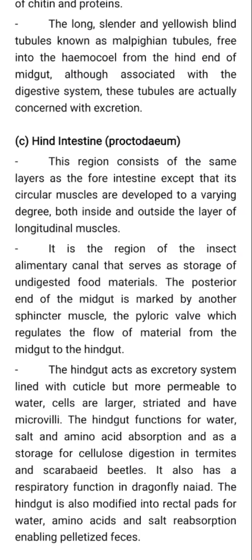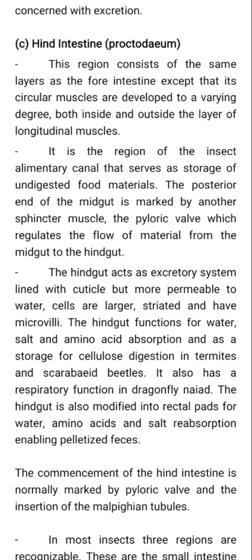It is the region of the insect alimentary canal that serves as storage of undigested food materials. The hindgut acts as an excretory system lined with cuticle but more permeable to water. Cells are larger, striated, and have microvilli.